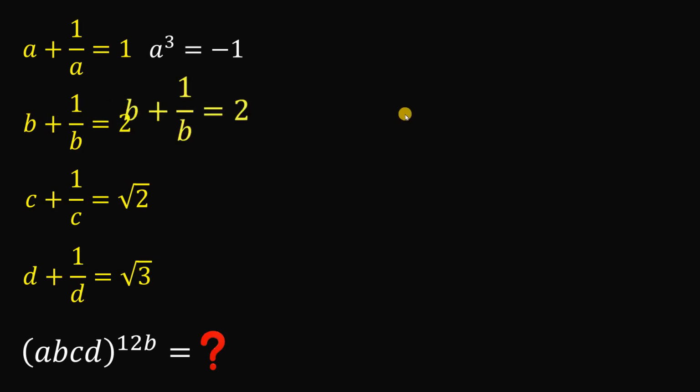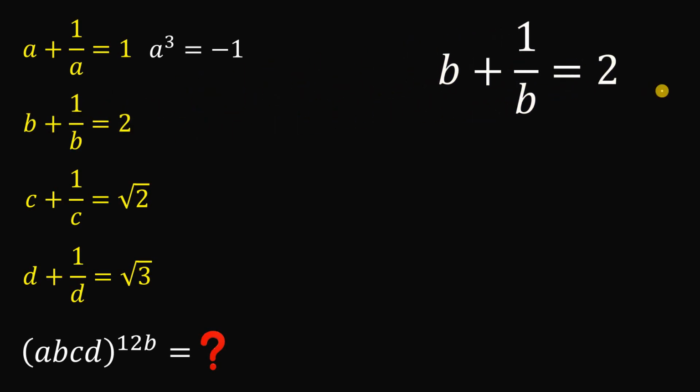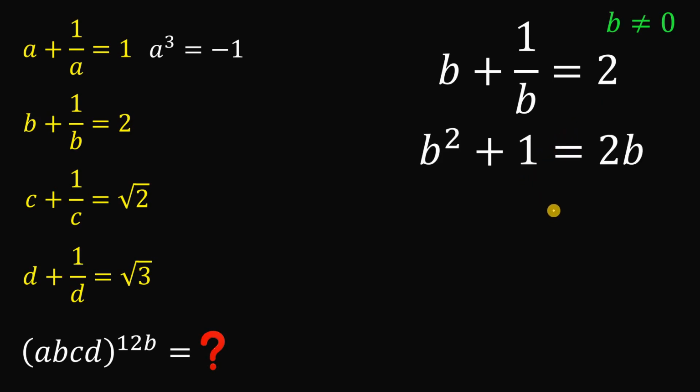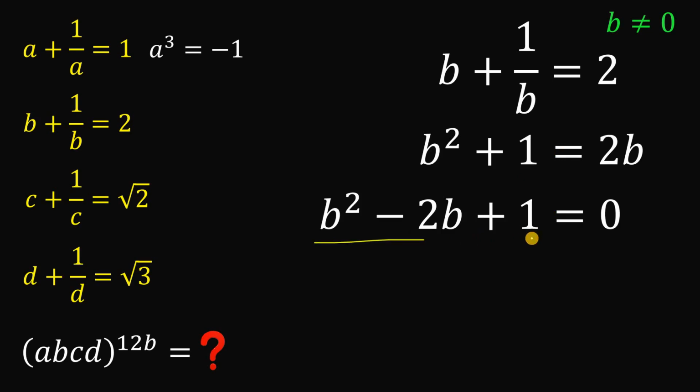Now we know the value of a cubed is simply equal to negative 1, given the first equation. Now, let's get the second equation, b plus 1 over b equals 2. Again, b here is not equal to 0. It is allowed to multiply both sides by b, and then rearrange some terms a little bit. Now, this quadratic equation is what we call a perfect square trinomial, because we can factor it nicely as b minus 1 raised to the power of 2.